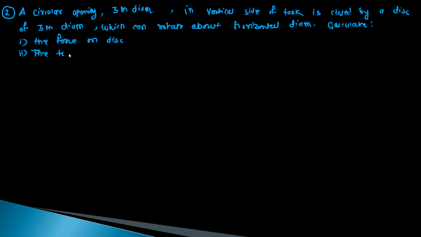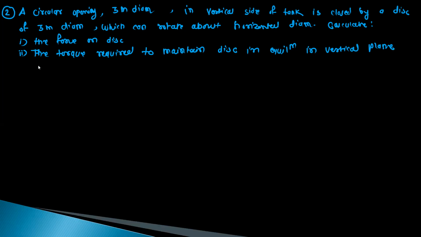So we have to find out the torque required to maintain the disc in equilibrium in the vertical plane when the head of water above the diameter is 4 meter.